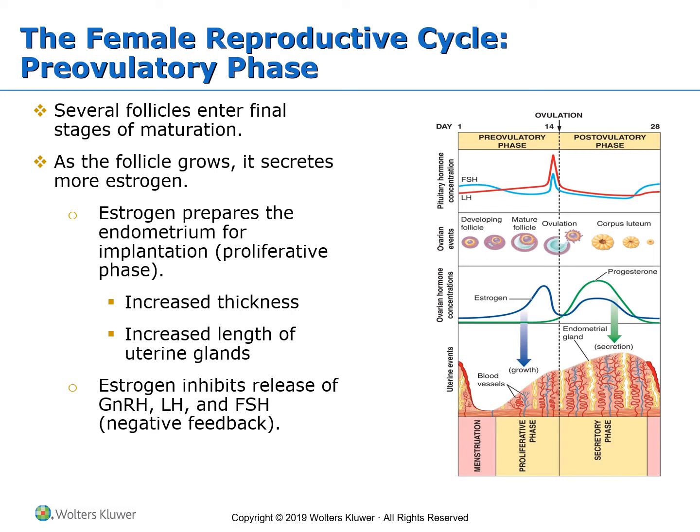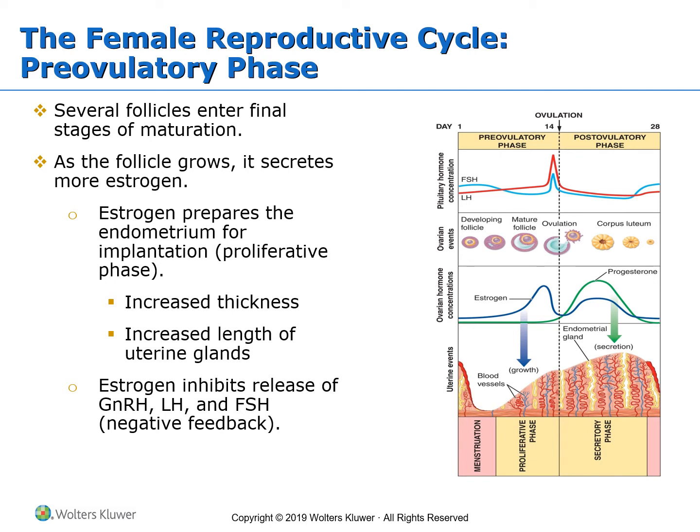At the start of each cycle, several follicles that contain an ovum start the final stages of maturation. However, only one will finalize it. Once the follicles start to mature, they enlarge and fluid accumulates in the central cavity. Just follow the stages in the second row from the top, where it says ovarian events.